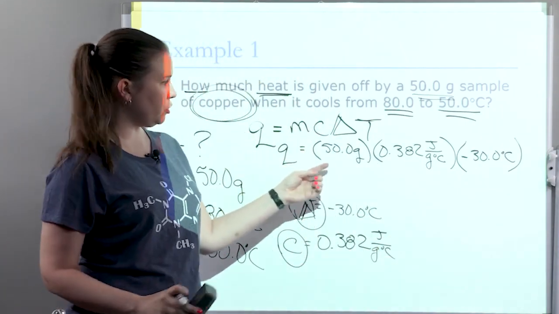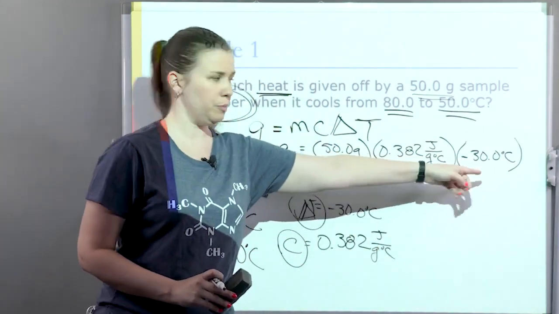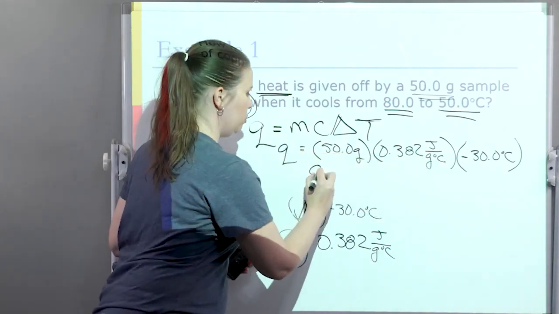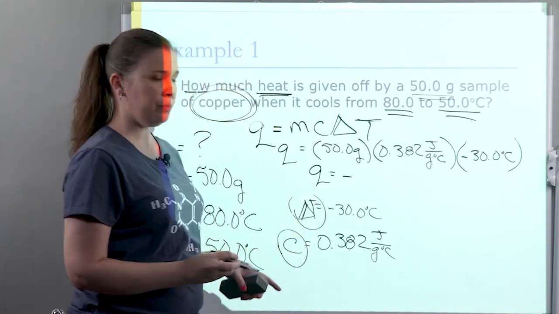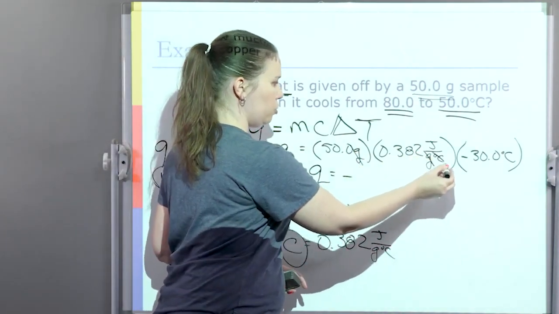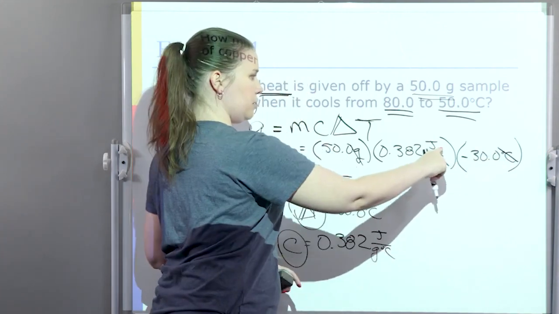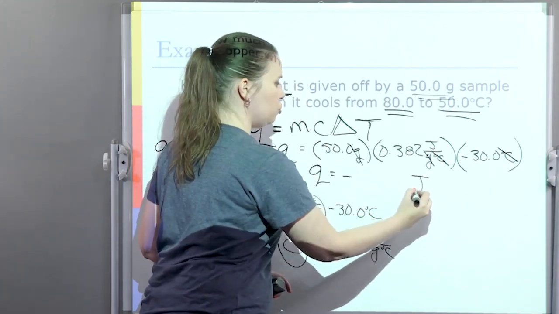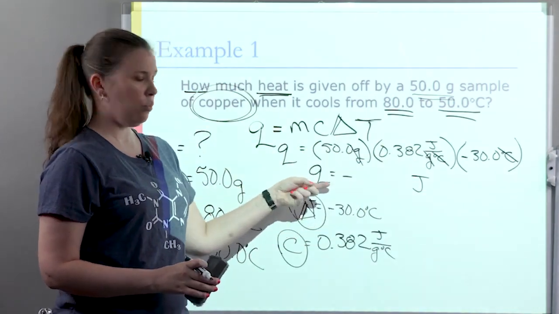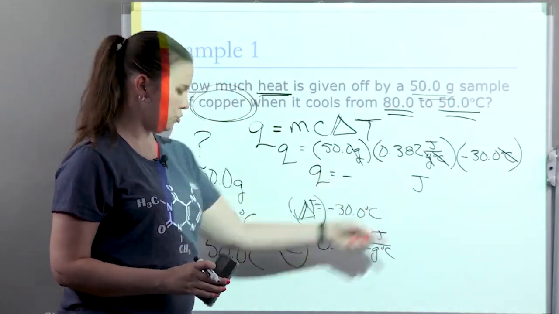So this is just straight multiplication. Three numbers to multiply together. When one of them is negative, my answer will be negative. So Q is going to equal a negative number. And let's look at the units. Grams cancels with grams, and degrees Celsius cancels with degrees Celsius, leaving my unit to be joules. So now I just need to multiply the numbers together to figure out what Q is losing in joules.